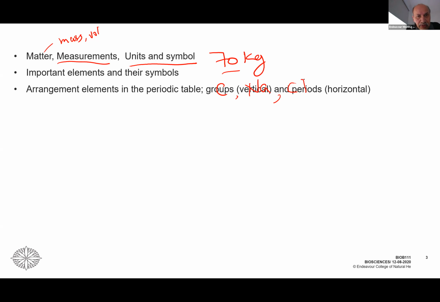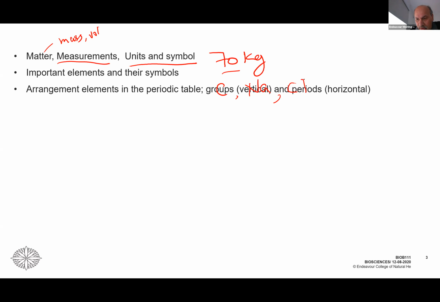Okay. So these elements are actually organized in a periodic table. In the periodic table, we have groups, which is vertical, and horizontally we have the periods. So we have 8 groups and 7 periods.